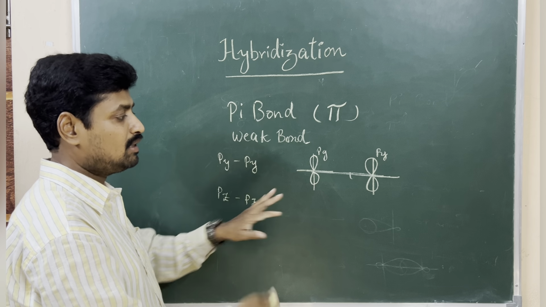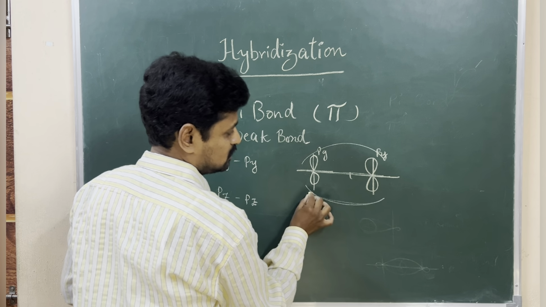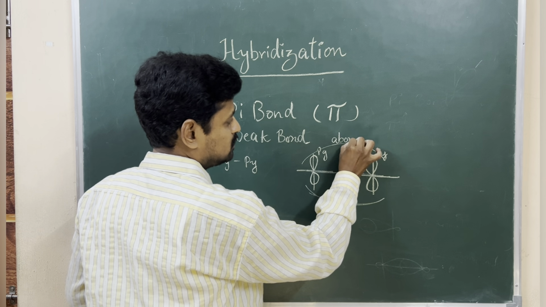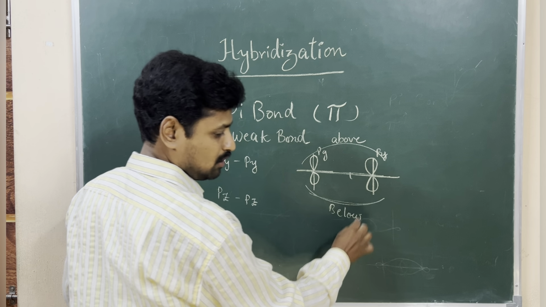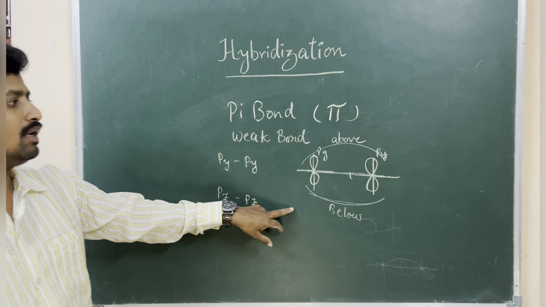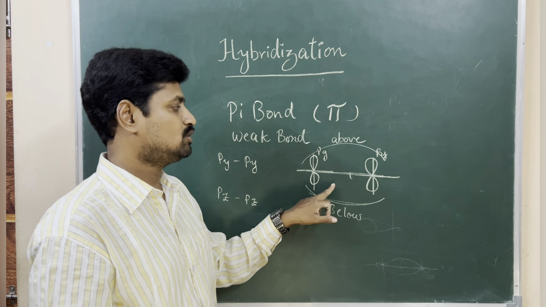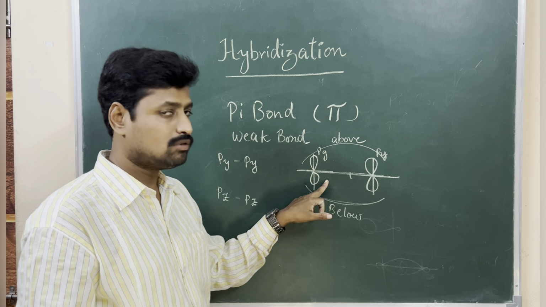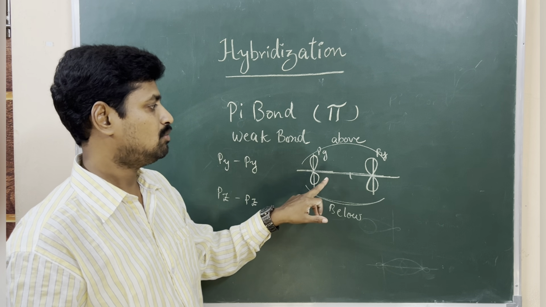They will combine above the axis and below the axis. Due to this, the pi bond is not a strong bond compared to a sigma bond. So a pi bond is a weak bond.